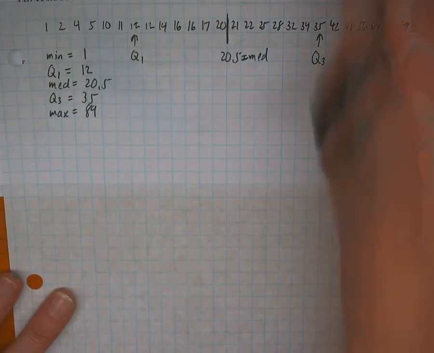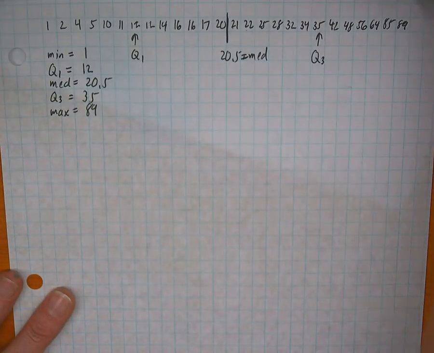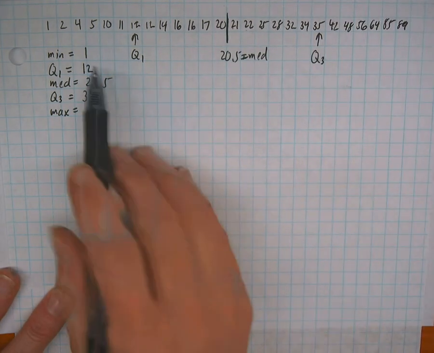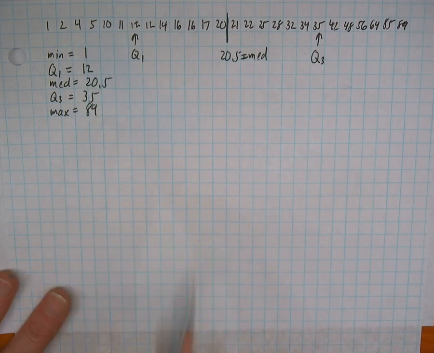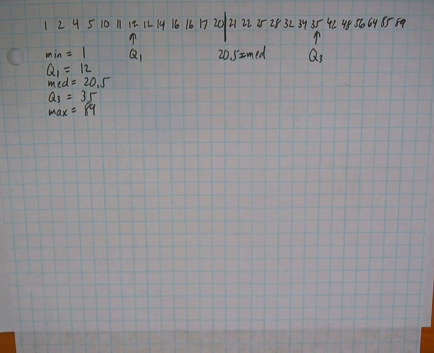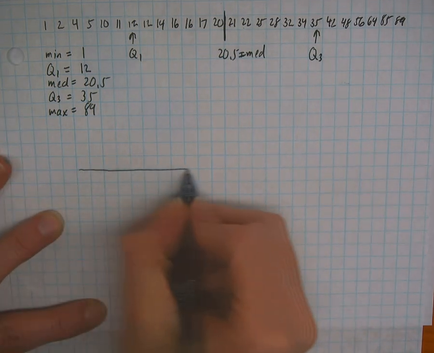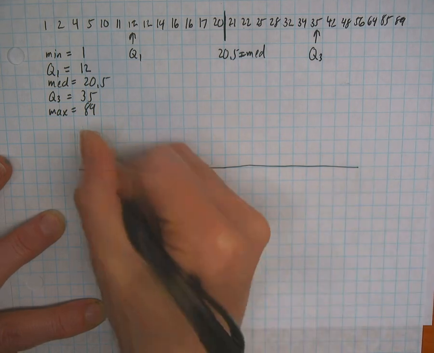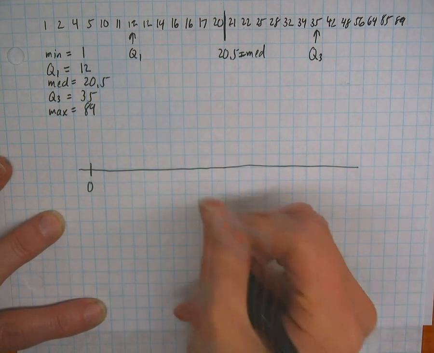So let's come up with a scale for that. I'm going to move this paper, I think. So let's see, the lowest is 1 and the highest is 89. So I think I'm going to make my scale go by tens. I think that would fit nicely. So I make my number line down here. So I'll do 0.